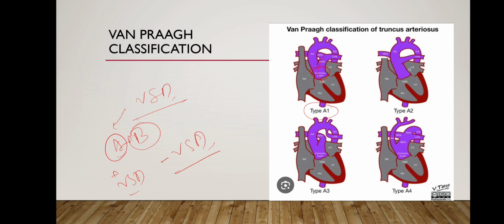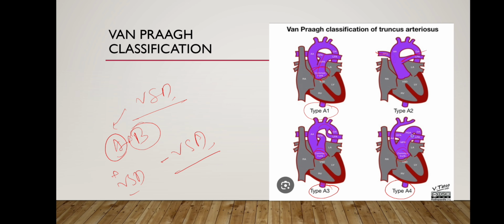In A2, the pulmonary arteries originate from the side of the truncus arteriosus. In type A3, one of the pulmonary arteries originates from the common truncus arteriosus, and the other pulmonary artery originates from the arch of the aorta. In type A4, both pulmonary arteries originate from the common truncus arteriosus, and there is an interrupted aortic arch.